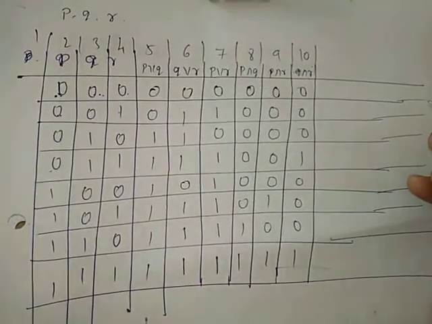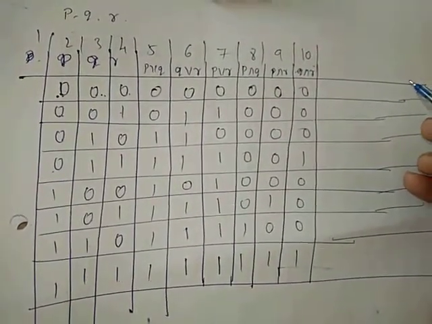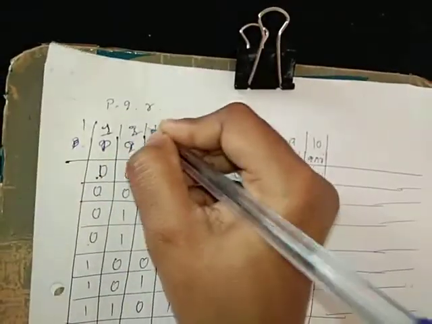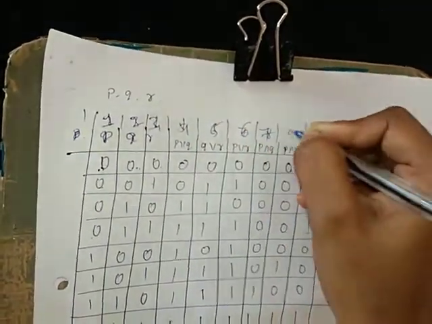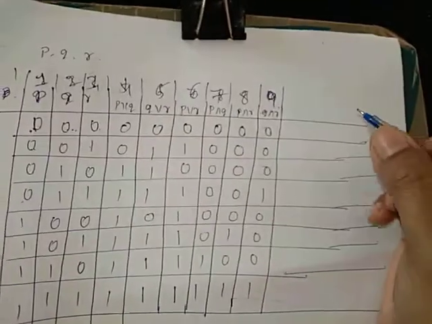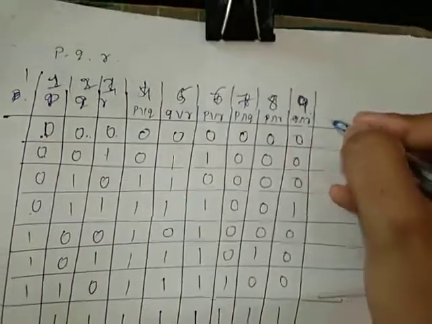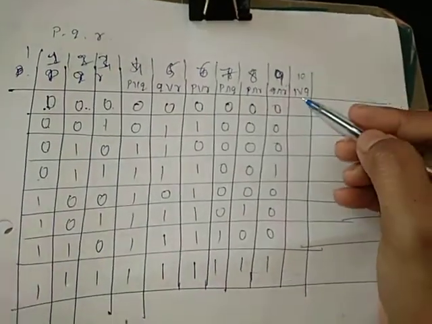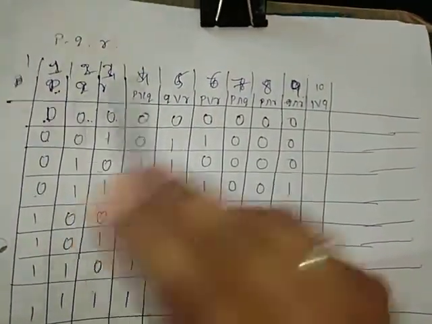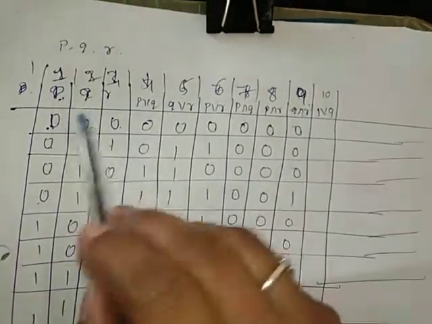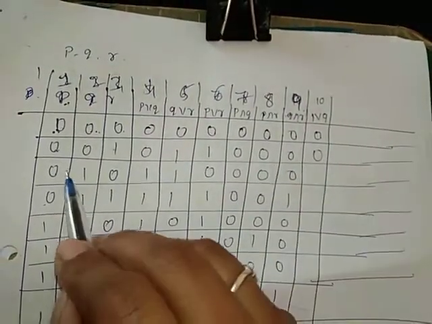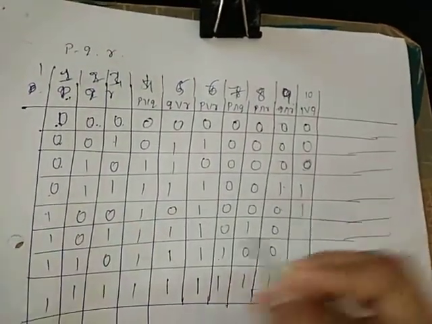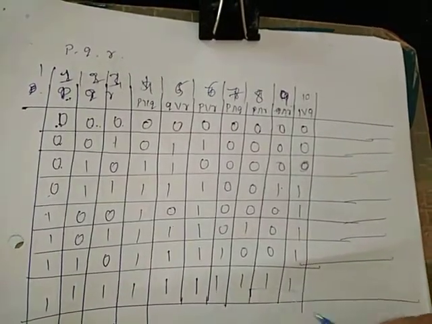Now construct 1 or 9. 1 or 9 indicates P or the result of Q and R. So 0 or 0, 0 or 0, 0 or 0, 0 or 1, 1 or 0, 1 or 0, 1 or 0, 1 or 1.